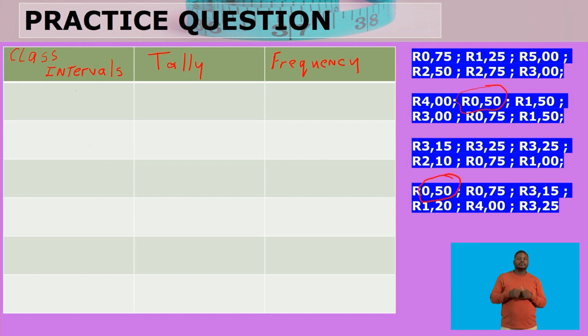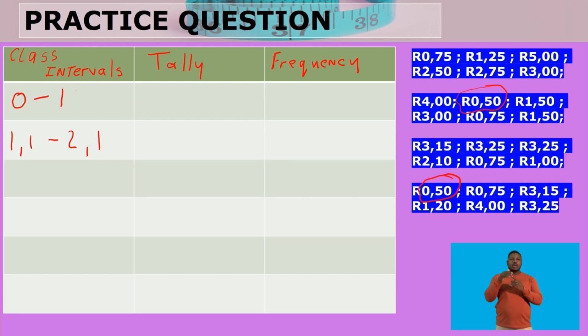So looking at this, I'd say we'll start with interval 0 to 1. Then we'll go from 1,1 to 2,1. Basically that means our intervals are 1 unit, or 1 rand, wide. So 0 to 1 will take care of all of the cents that we have.